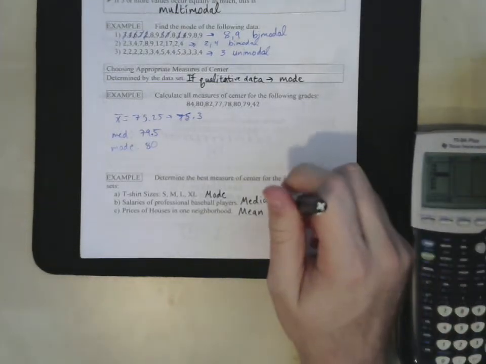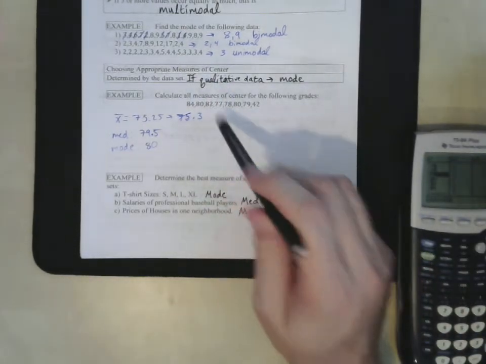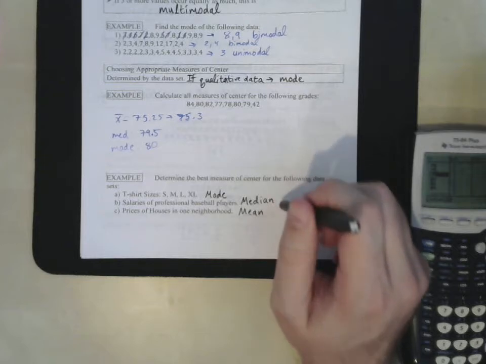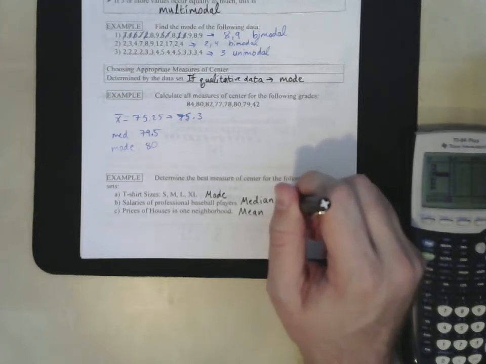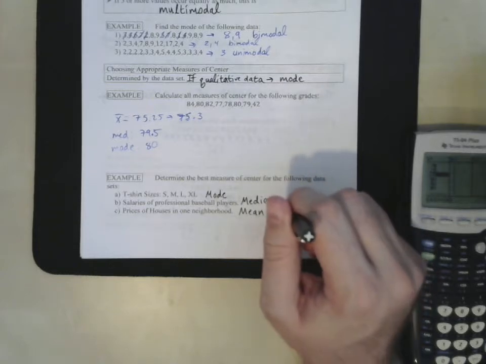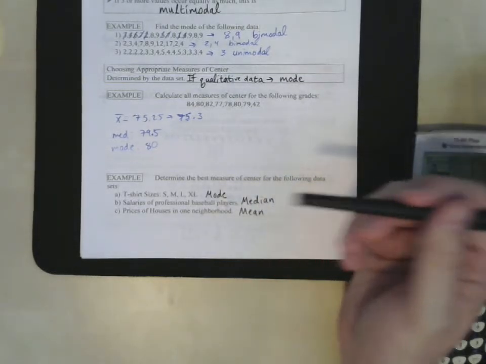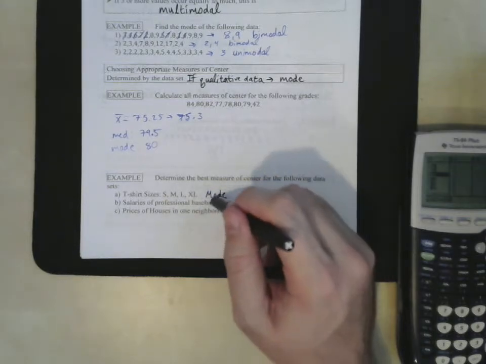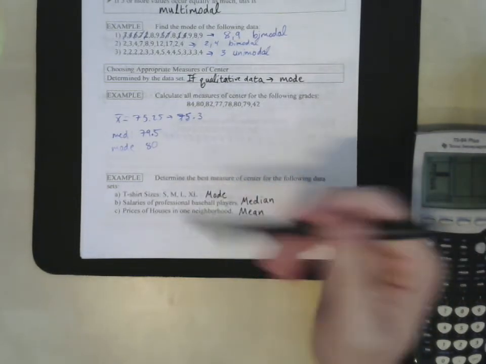So the reason, just like here, we want to look at the median is because if we want a true idea of what's in the middle, the data is going to be skewed by those high paid players pulling the average up towards the top, and also skewed by the low paid players pulling the average back down.